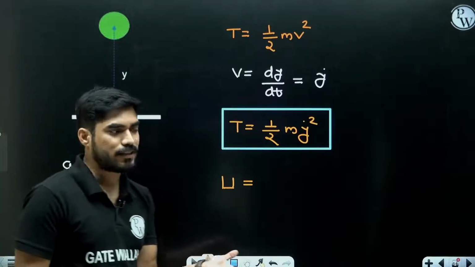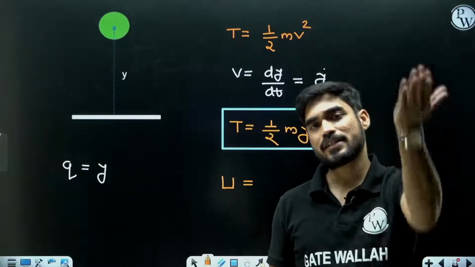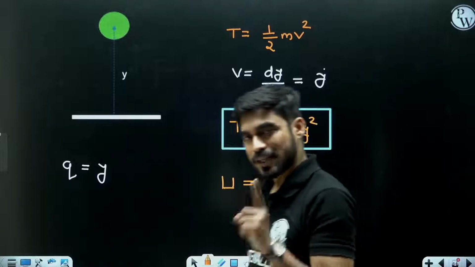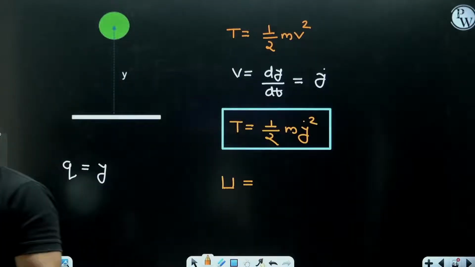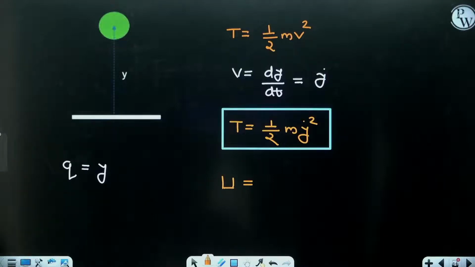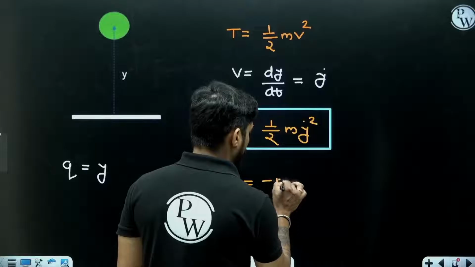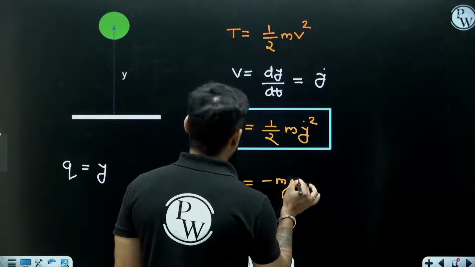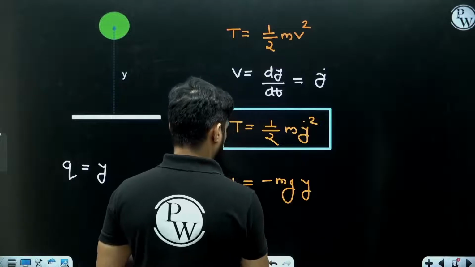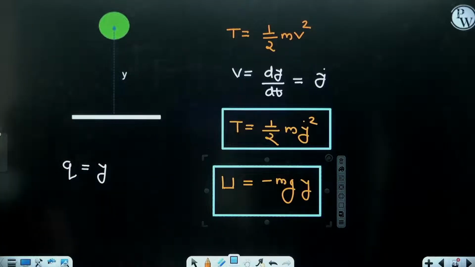If it is going up, the potential energy is increasing, then you will write the potential energy to be positive. Right now the potential energy is decreasing, so I will consider it negative. So minus mg, and let's say this height is y. So the potential energy in terms of y will be minus mgy.